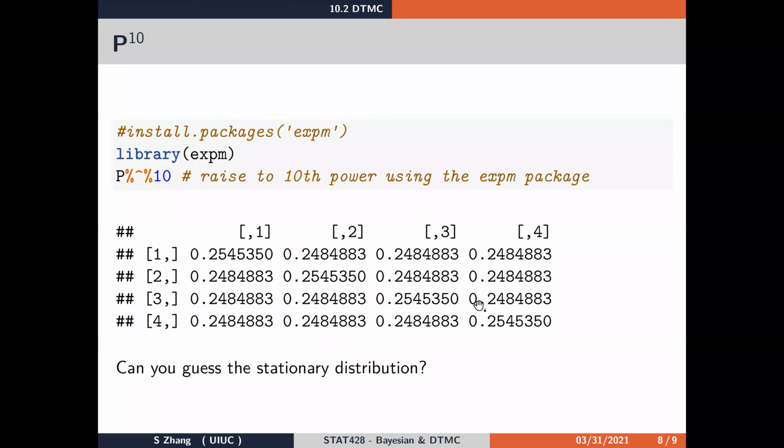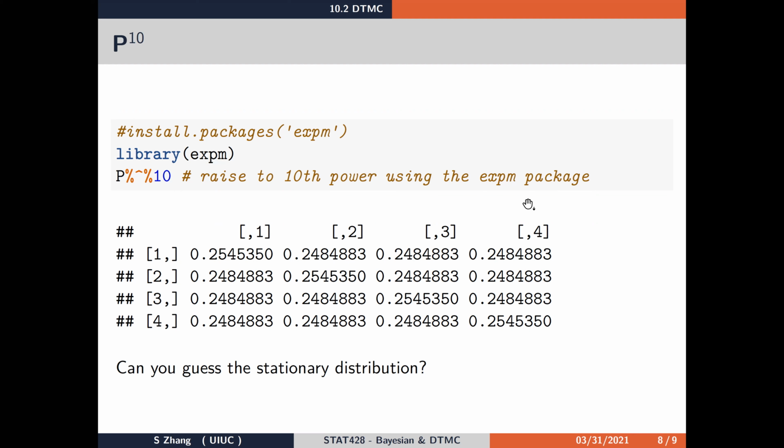And now let's raise P to a really large power, say 10th power. You can even do it for higher. And we will do this by using the expm package inside R instead of doing the multiplication of 10 P's. So this is the syntax for P raised to the 10th power. And this is what we get.